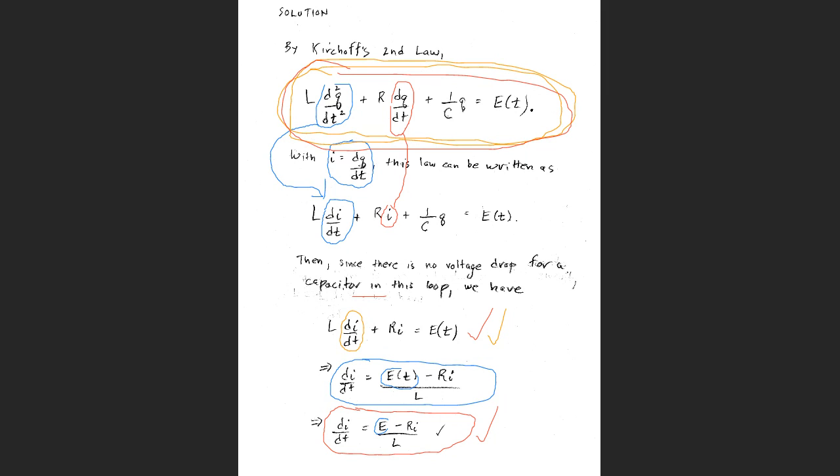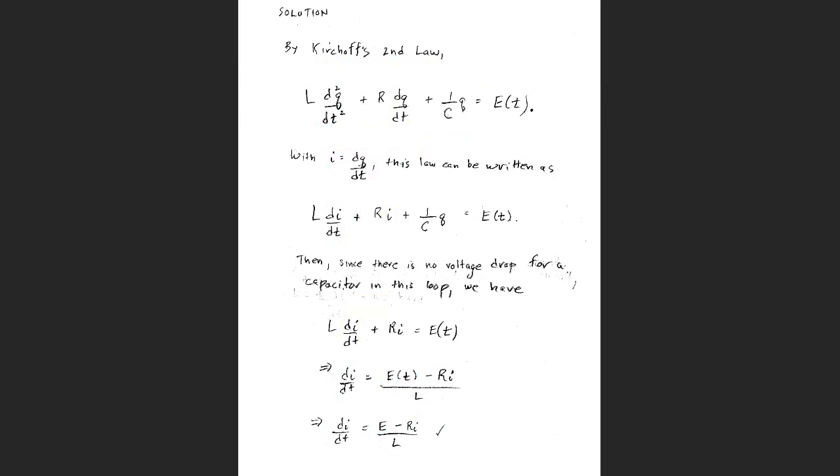Professor, you got a question? Yes, thank you. So let's say we convert everything to the terms of I, the first term for the inductor, we end up with L di over dt. What actually happened there? Can you go through that step?